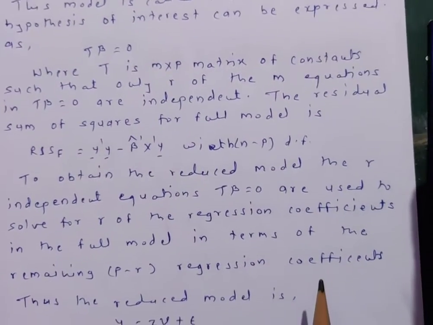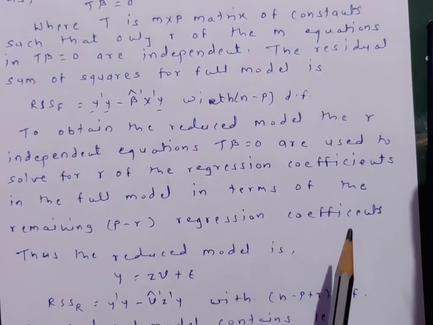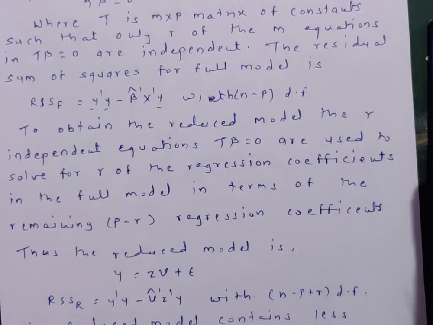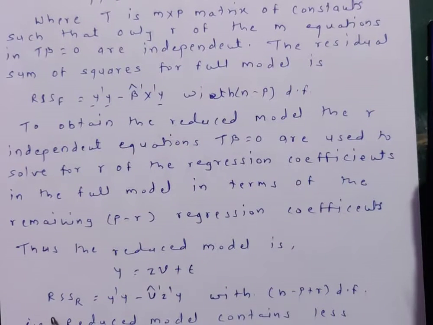gamma plus epsilon. So for the reduced model, the residual sum of squares, that is RSS R, is equal to y prime y minus gamma hat prime Z prime y.